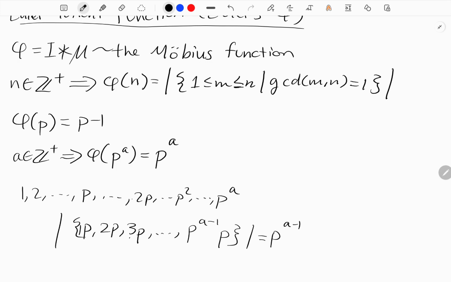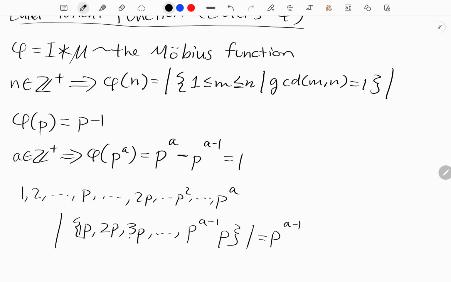So there we go. From 1 to p to the power of a, we have p to the power of a numbers. And then we subtract the amount that are not co-prime with p to the power of a, which is p to the power of a minus 1. So this gives me the amount that are co-prime with p to the power of a.